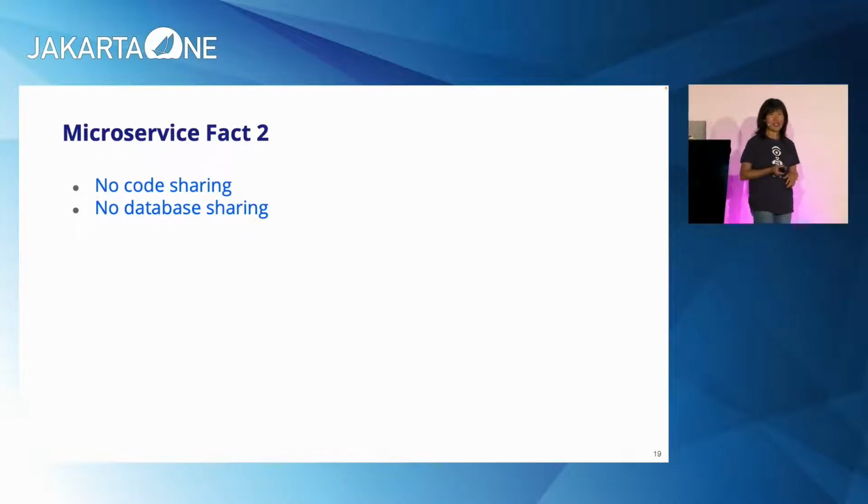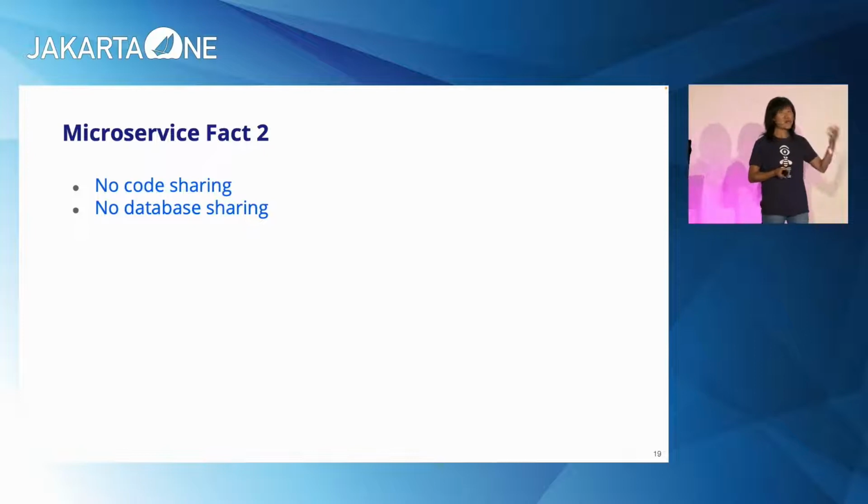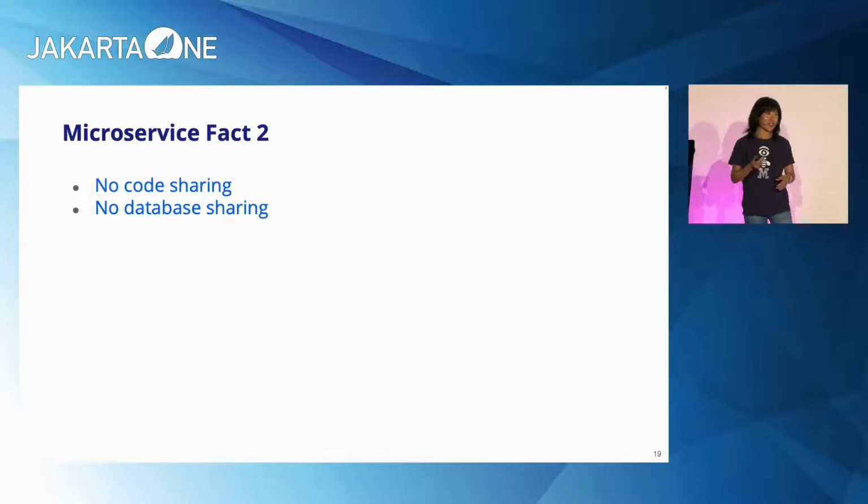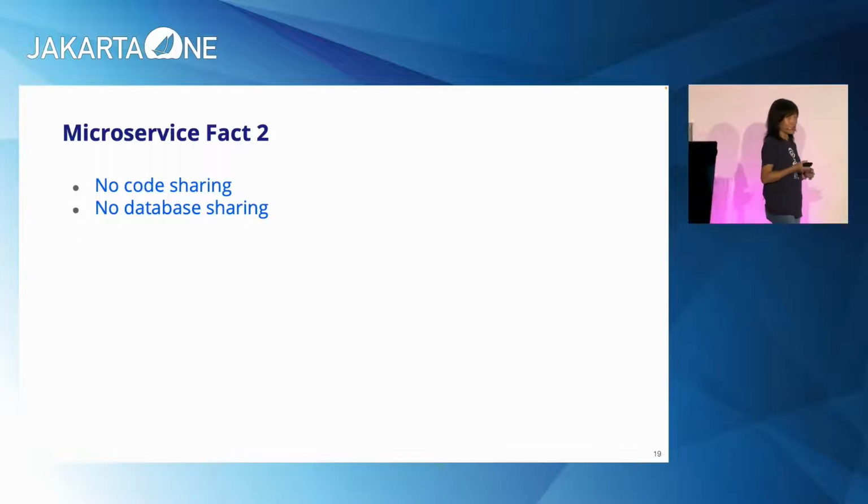I need to make a shared library. I said, in microservices, you don't do code sharing. If you have to do a lot of code sharing, that means you haven't designed it correctly. The other thing is no database sharing. Every microservice should have an independent database. It has everything, so it basically has its own identity.